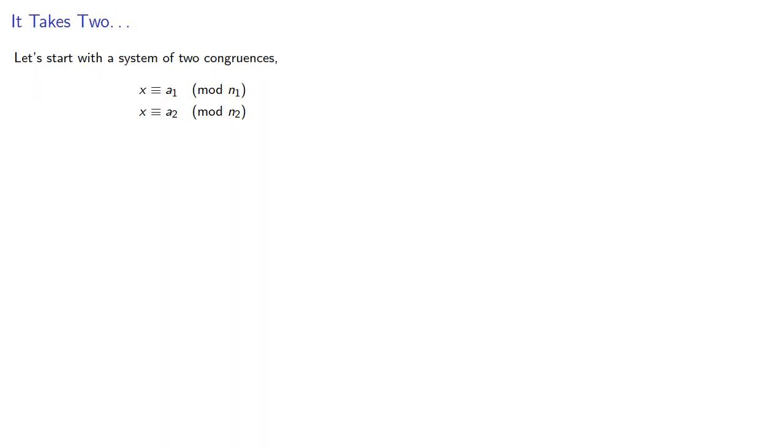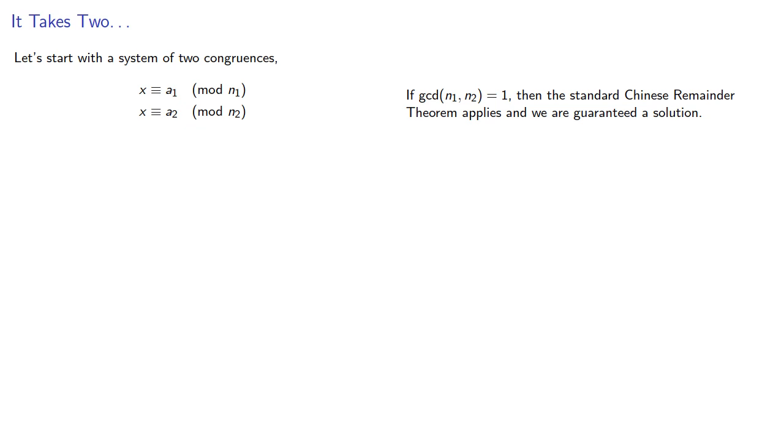Well, let's start with a system of just two congruences. Now, if the greatest common divisor is 1, then the standard Chinese remainder theorem applies, and we are guaranteed to find a solution. So we'll assume the greatest common divisor is some other number d, and that means we can write n1 as d times something, and n2 as d times something.